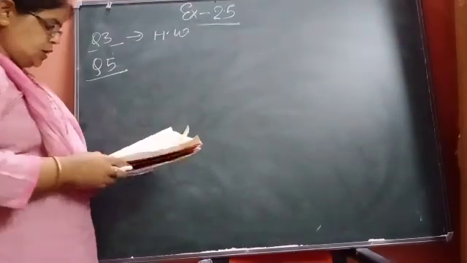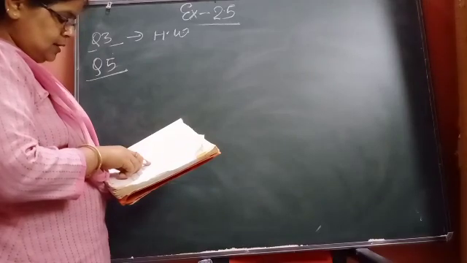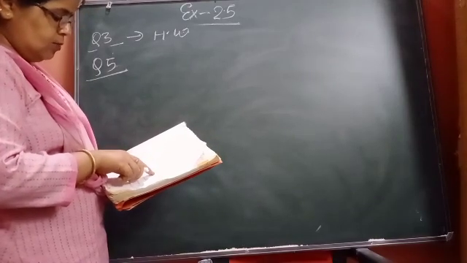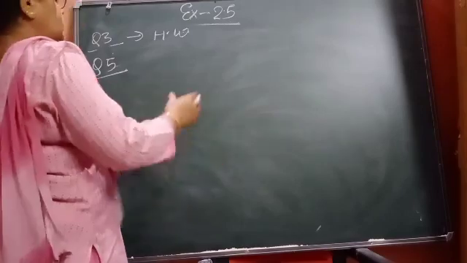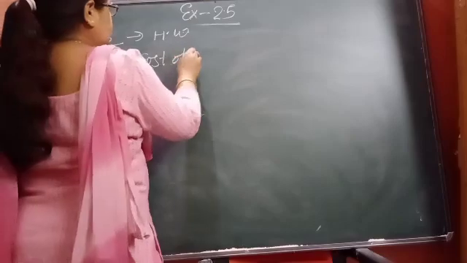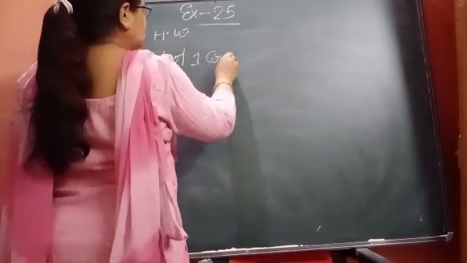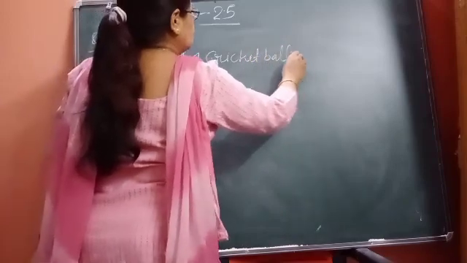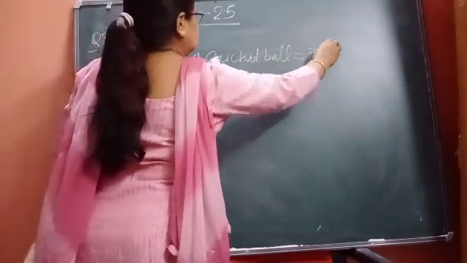The cost of 78 cricket balls is 9750. Find the cost of one cricket ball. This is a very simple question. Cost of one cricket ball is equal to 9750 divided by 78 rupees. Okay.